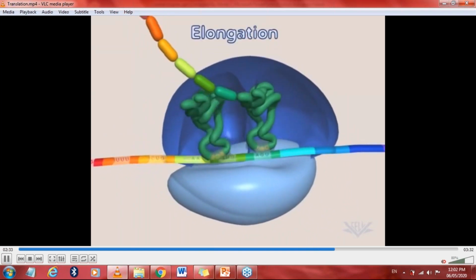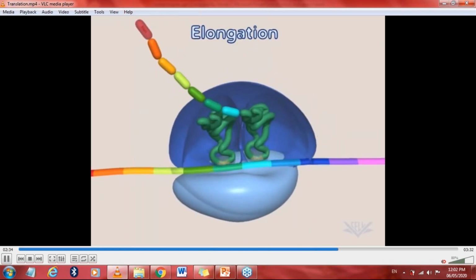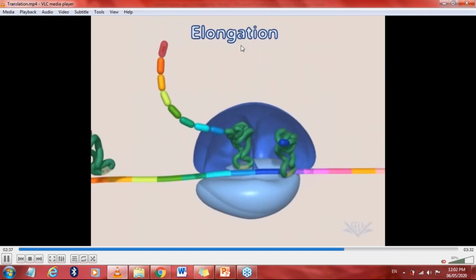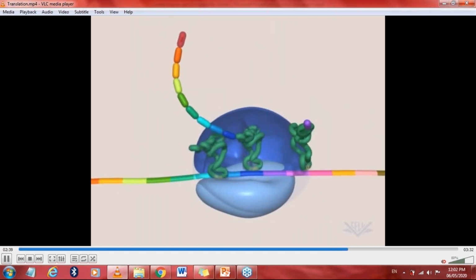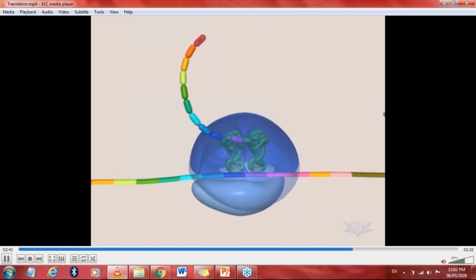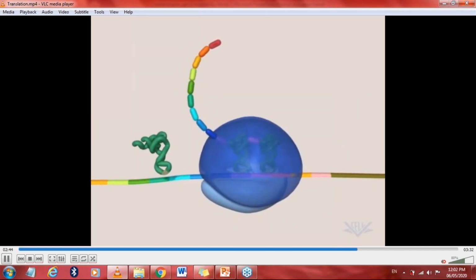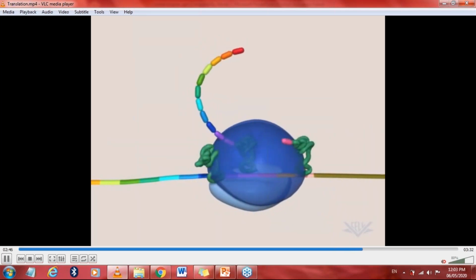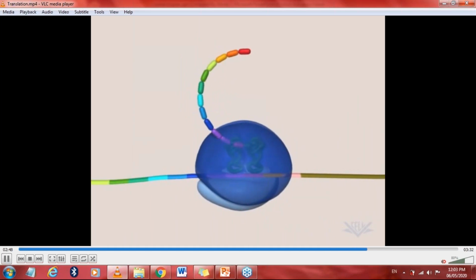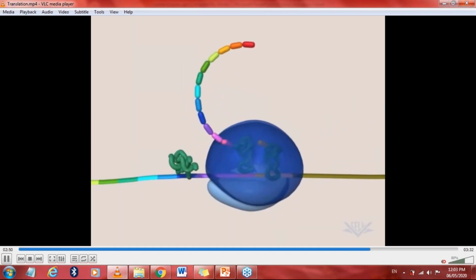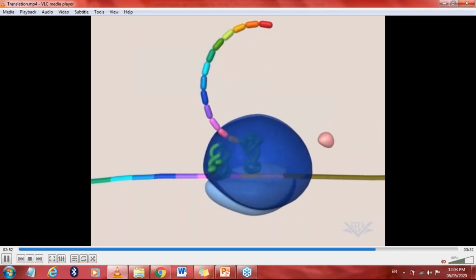A, P, E. And this process continues. That's why this is called the elongation procedure. And interesting. So you only have to learn a small basic thing.